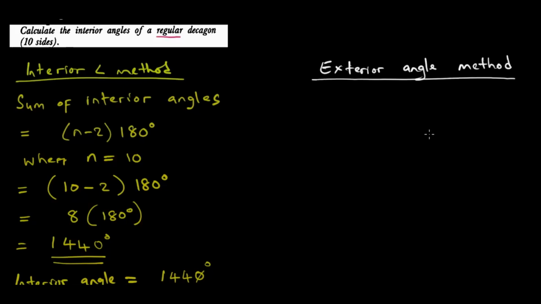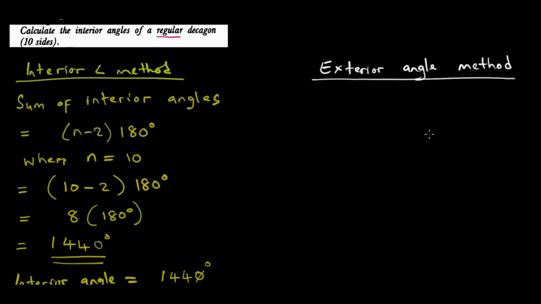And we have learned that. We already know a decagon has 10 sides, and the 10 sides mean 10 interior angles and also 10 exterior angles. Remember, we also learned that for every interior angle there is an associated exterior angle.